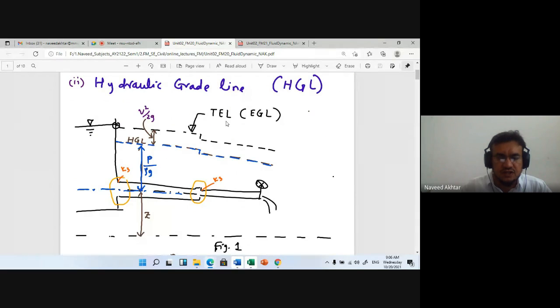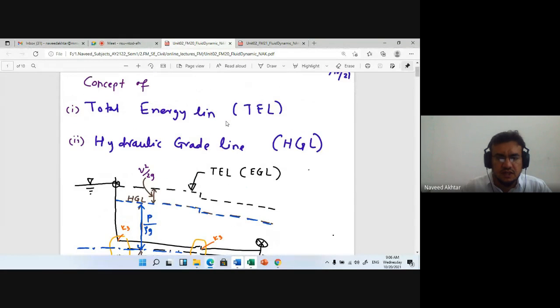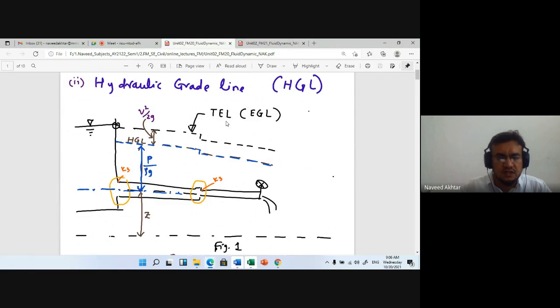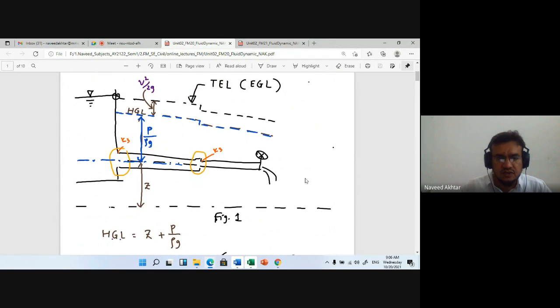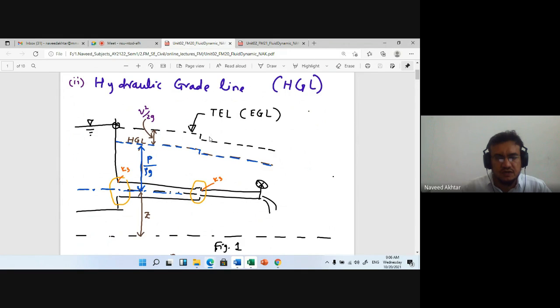The total energy line is also called the energy grade line. So we have drawn this figure: the bottom, the fluid upstream side, and then the hydraulic grade line and total energy line as per the different sections of the pipe flow.